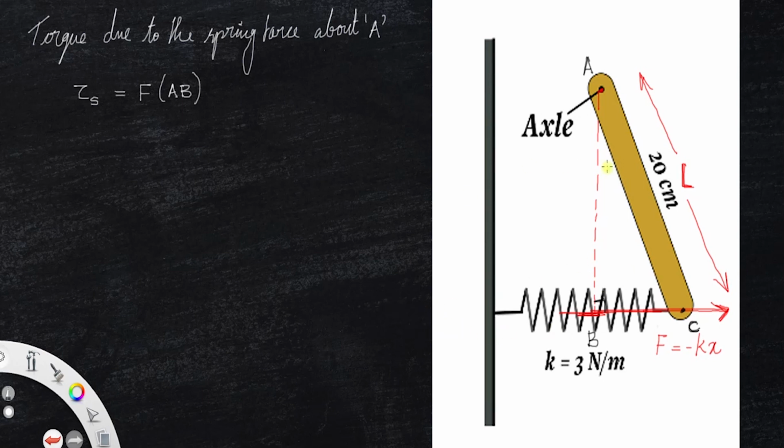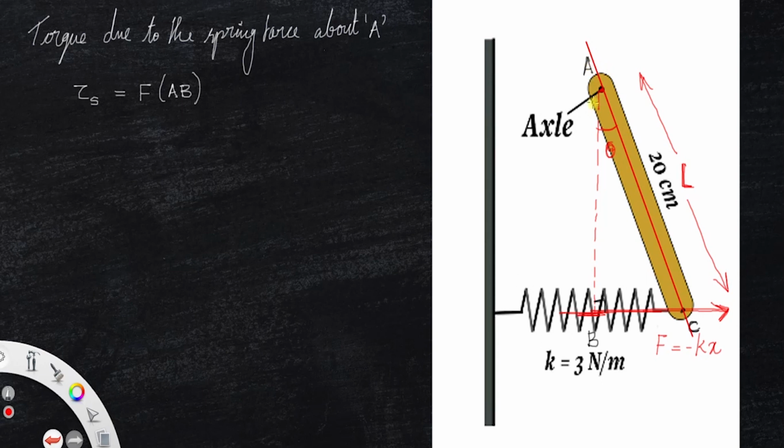Force into this distance AB. So we need to find the distance, and before that we can draw an axis for this rod. This is the axis, and it is given that this axis of the rod is making an angle of theta with the vertical.